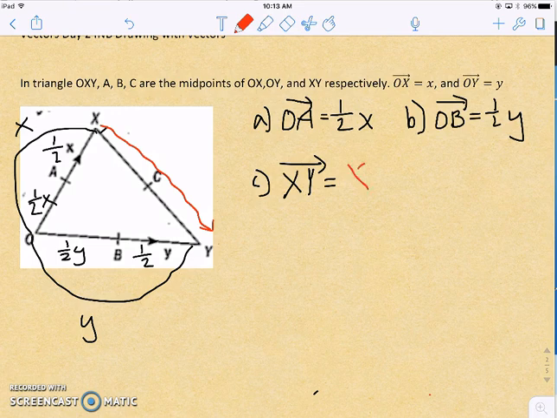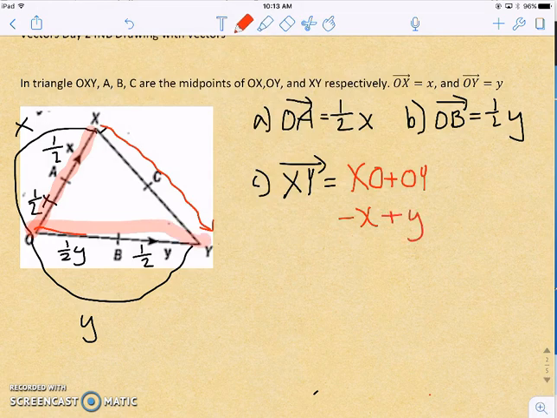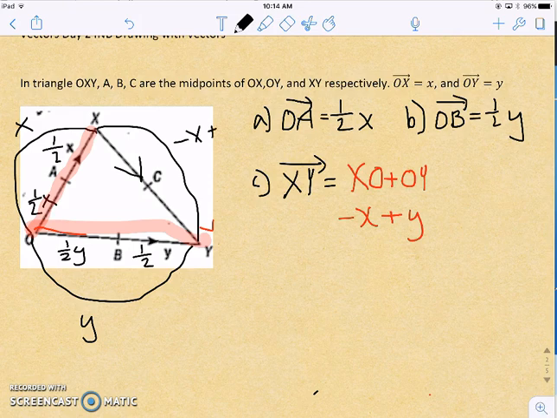So we'd have to go X to O plus O to Y. Well, X to O, that whole thing is X, but we're going in the opposite direction. So it's the opposite of X. And then we're going this way, and that we know is vector Y. So we could label this now. X to Y, this whole thing, traveling that direction, is the opposite of X plus Y.